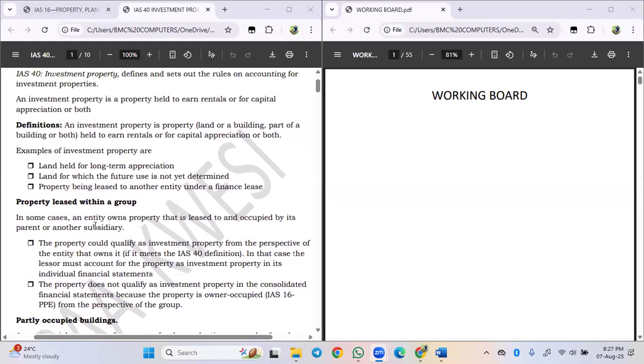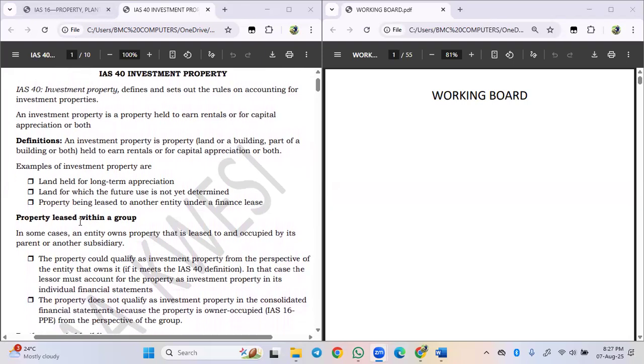Now, let's talk about property leased within a group. So during consolidation, we say we have the parent, we have the subsidiary. Sometimes we have the parent, we have the subsidiary, we have another subsidiary.